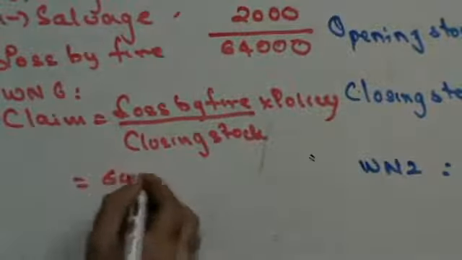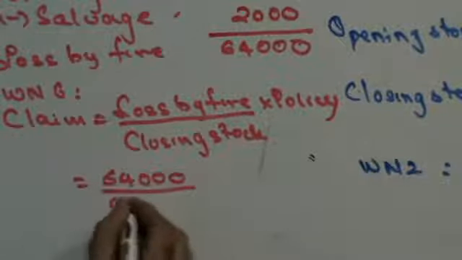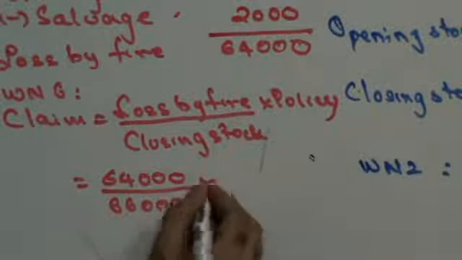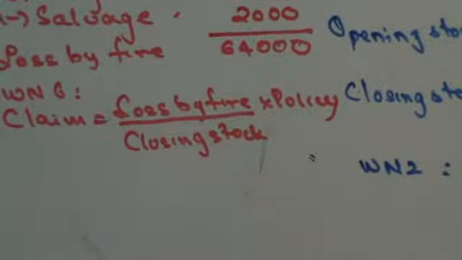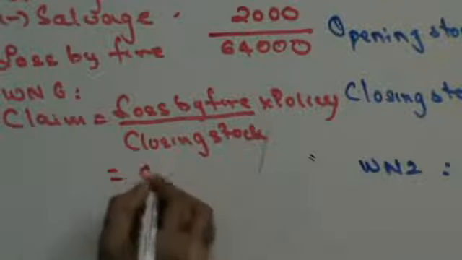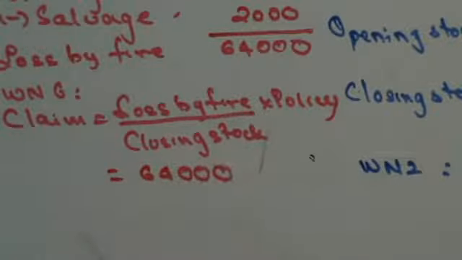Loss by fire is 64,000, closing stock is 66,000, policy amount. No, there is no policy amount. Since there is no policy amount, therefore your loss by fire will be your claim. So claim will therefore be 64,000.